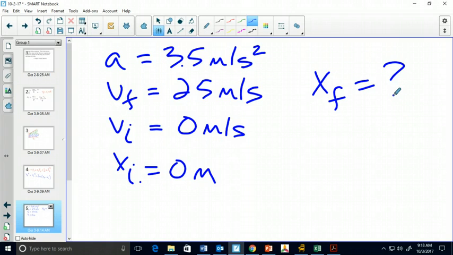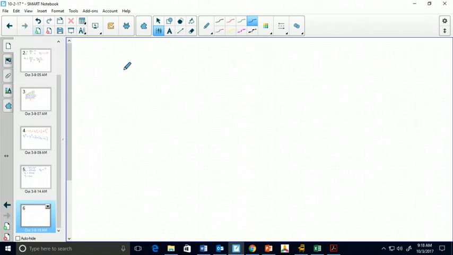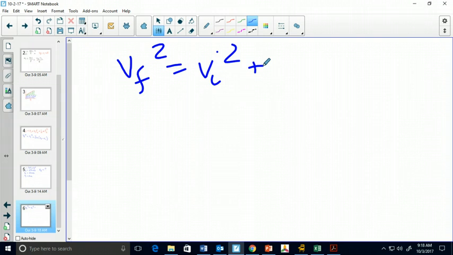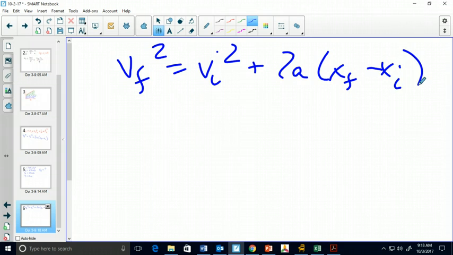So are you comfortable we're going to have to solve that? We're going to have to break it down. That Vf squared is Vi squared plus what? 2a xf minus xi. Okay. Can you solve that for xf? Can you get xf by itself?